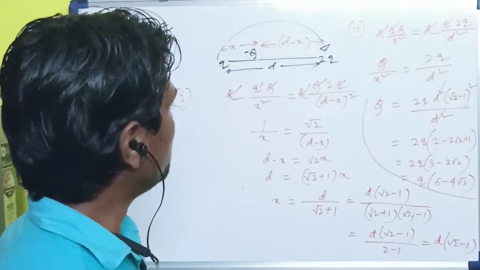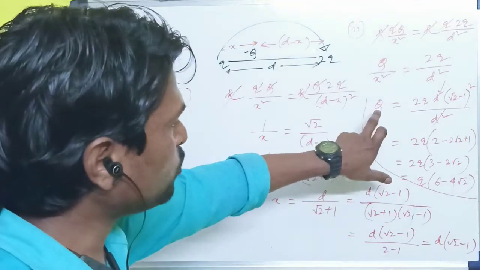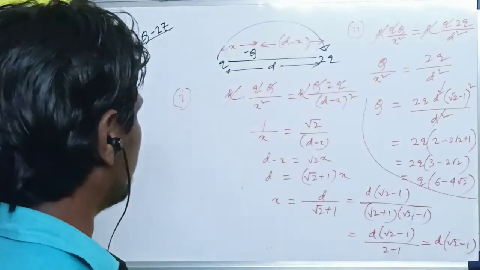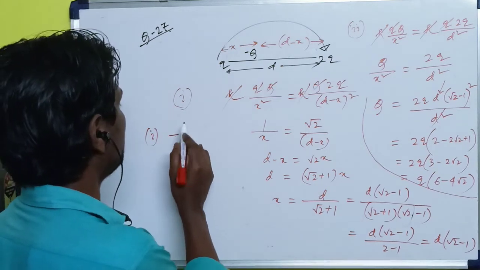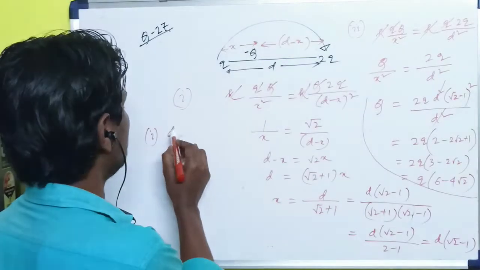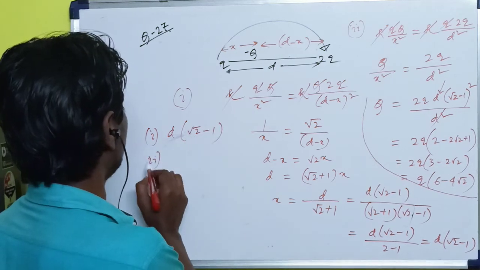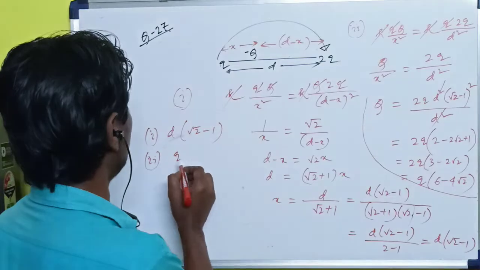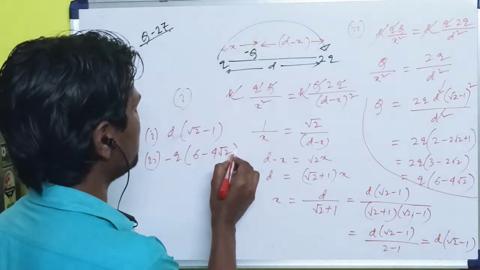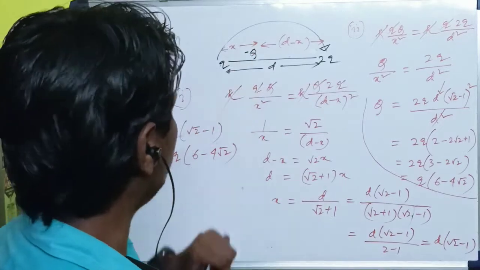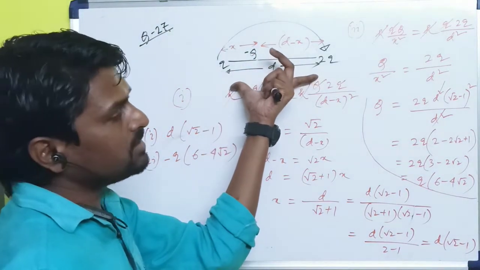For the second, the charge must be negative, so it is minus q (6 minus 4 root 2). Why is it minus? Because it must be negative, so that this attractive force can balance the repulsion force.